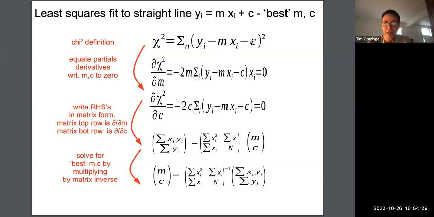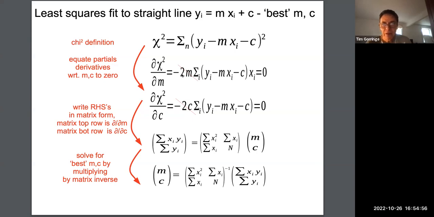And you get out a derivative of the quantity inside the parentheses when you differentiate with respect to M. That's where the xi comes from. And when you differentiate with respect to C, there you're just going to get a -1 factor. So we get these two equations here.